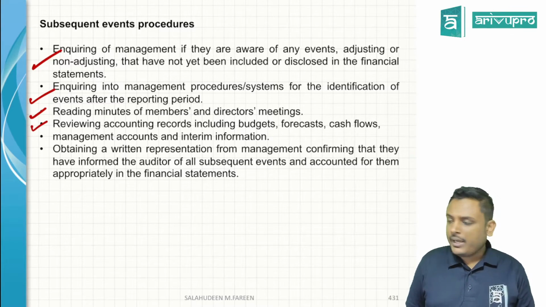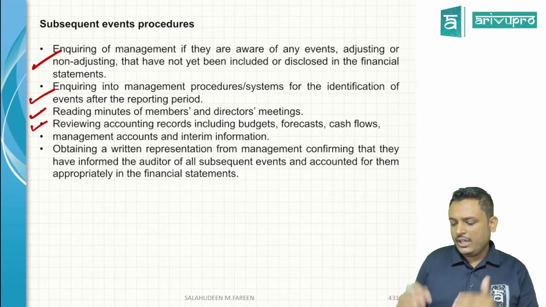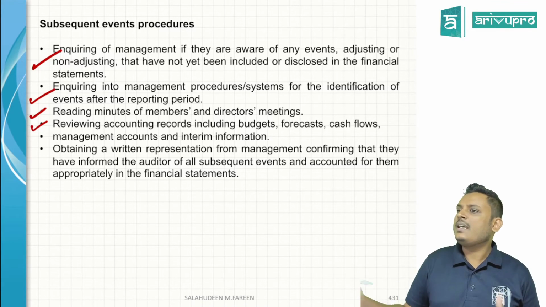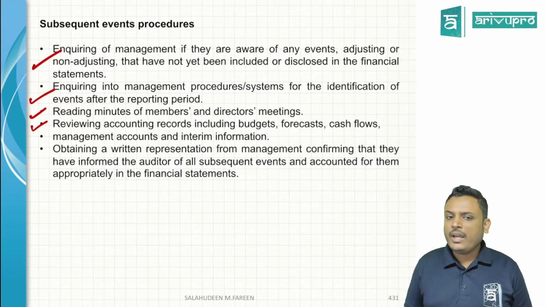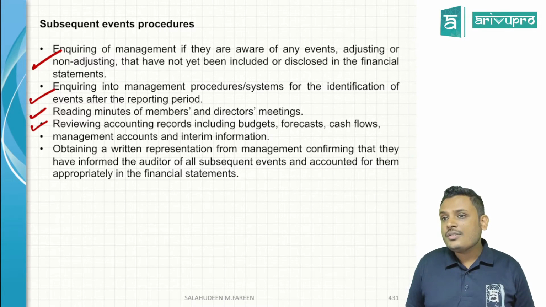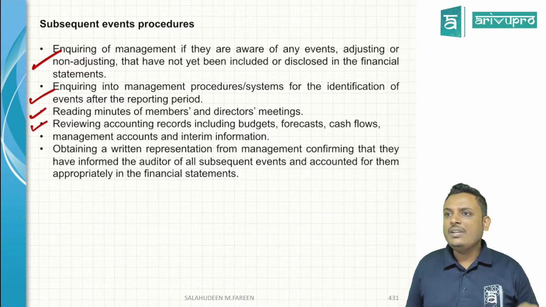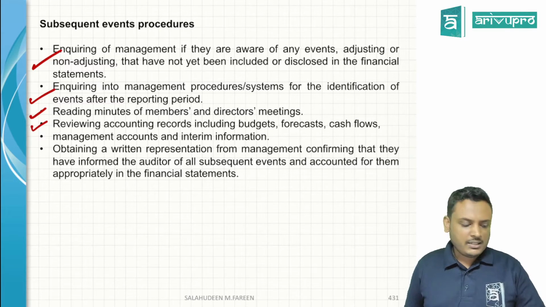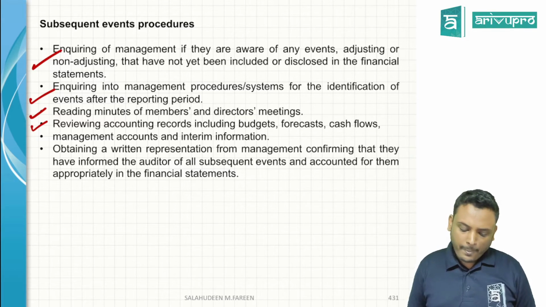When you are preparing, you identify that these are the estimates: they are going to purchase this much quantity from this supplier next year, this much of sales next year. Then you can see in the accounting records whether it actually happened or not, to identify subsequent events. If it has not happened, the customer may be bankrupt. Last year's budget I took, this year's actual results I can compare.